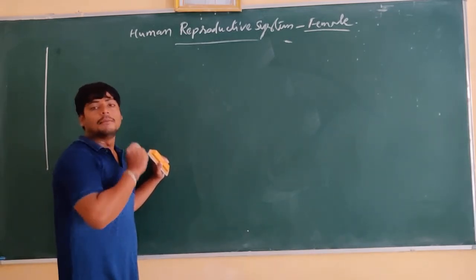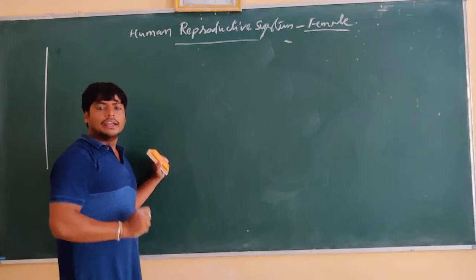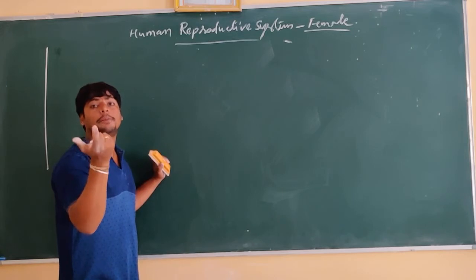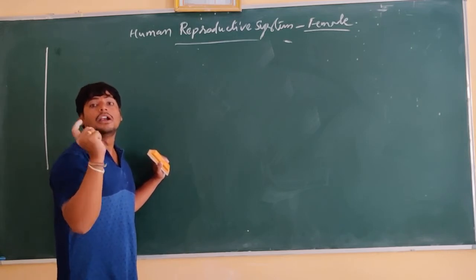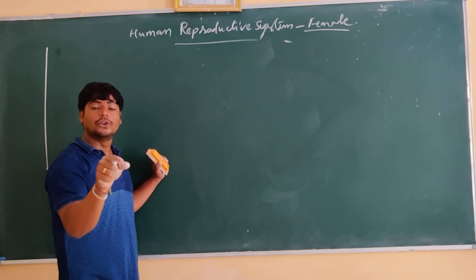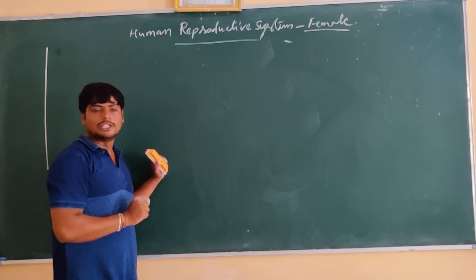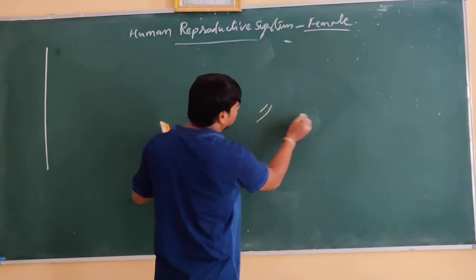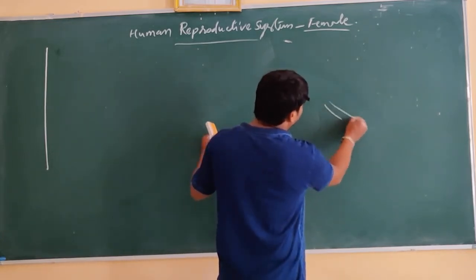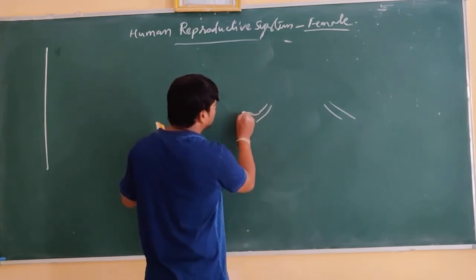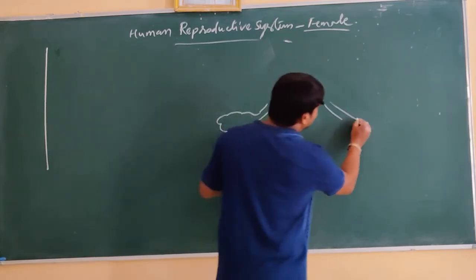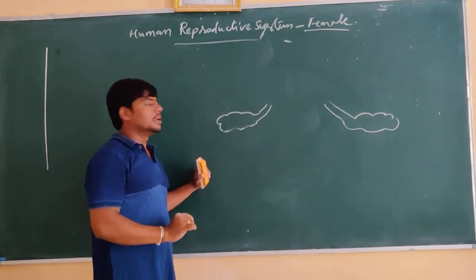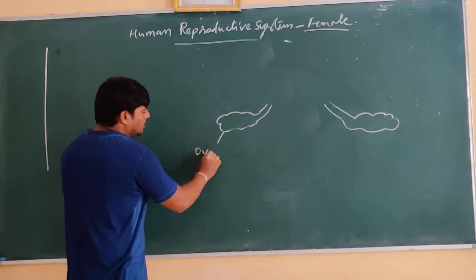It consists of a pair of almond shaped ovaries present in the female reproductive system. This is the ovary.